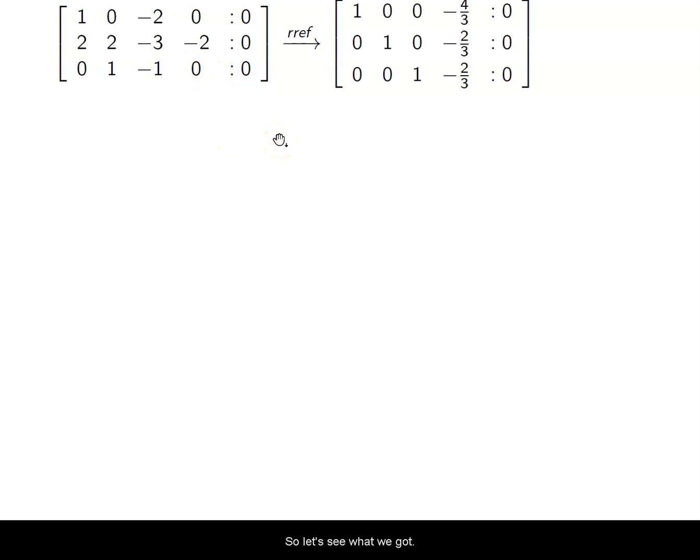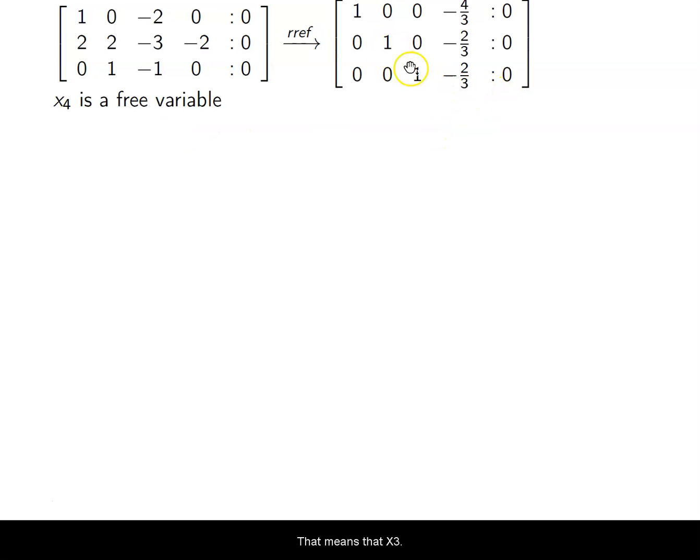So let's see what we got. So they are in the very first positions. Then as you can see, I am not able to get rid of the x4 column of coefficients because I don't have enough equations, right? So I do have a free variable here. My free variable is x4, okay? x4 is a free variable.